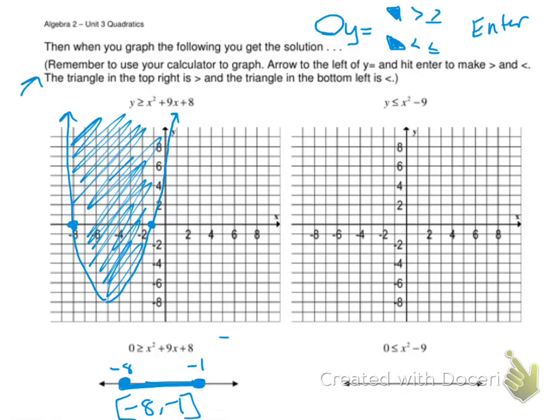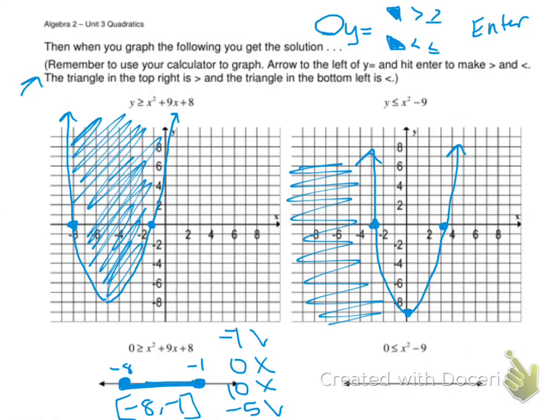Could x be -7? Yes. Could x be 0? No. Could x be 10? No. Could x be -5? Yes. Okay, the next one is going to look like this. Also solid line, also closed circles, except this time when you graph it, you should get shading on the outside.